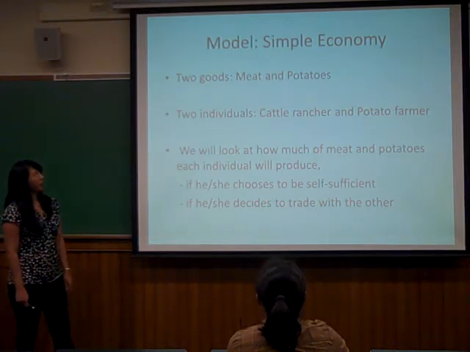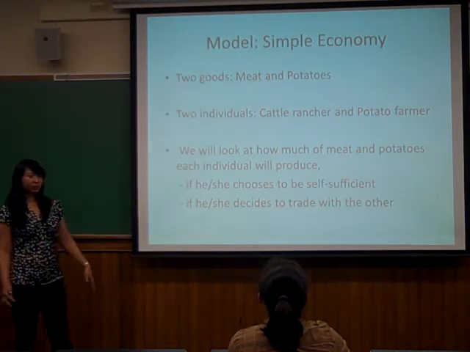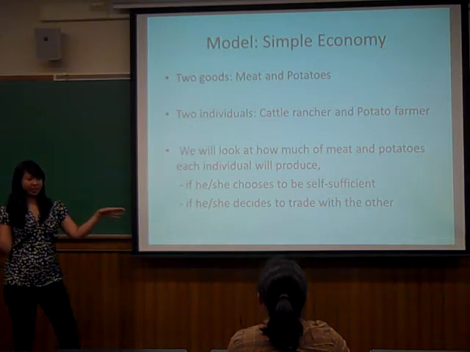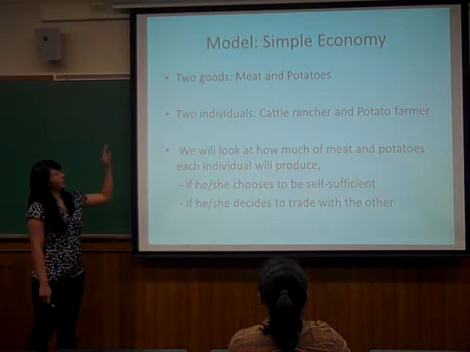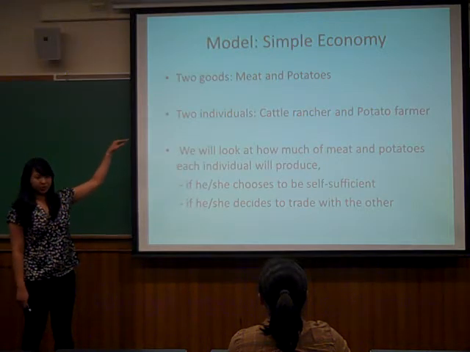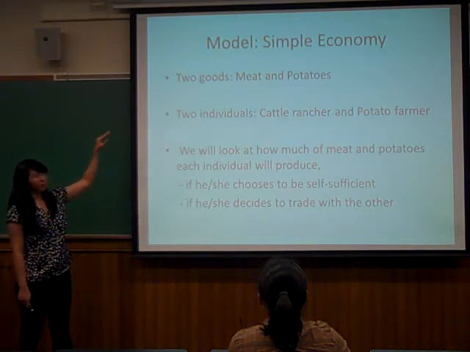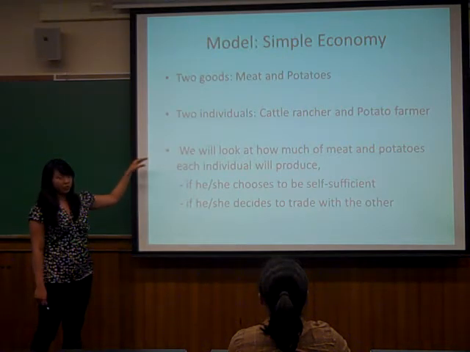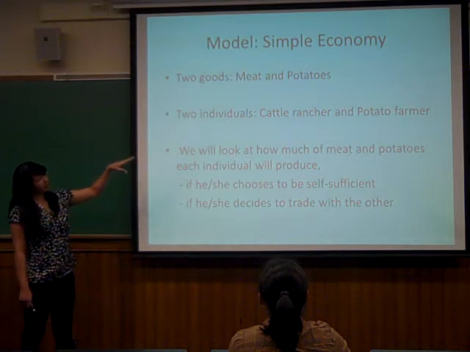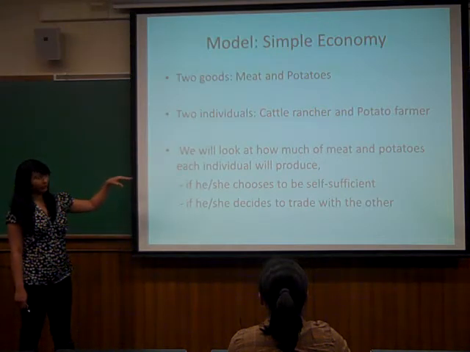So let's consider a model which simplifies the more complicated economy out there. This is a very simple economy of just two goods. There are only two goods in this economy, which are meat and potatoes, and there are only two individuals, a cattle rancher and a potato farmer.